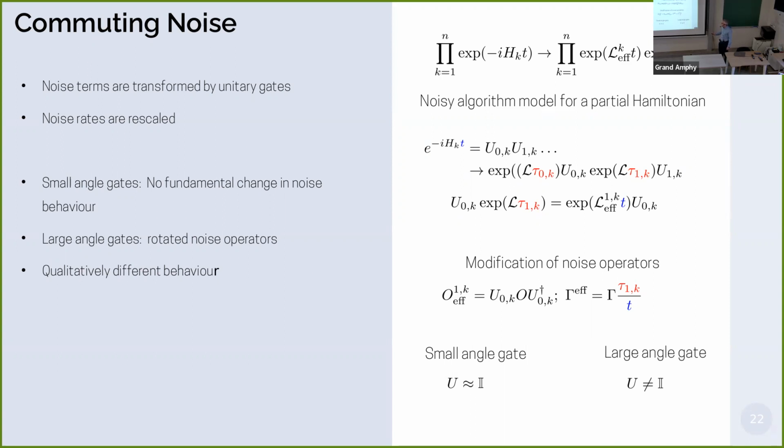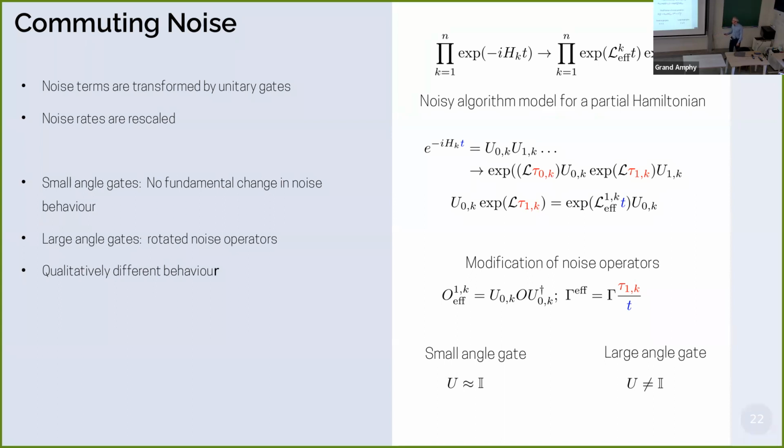That rescales the decoherence rates, which also gives you a way to know how to choose your Trotter step time in an optimal way. So in the end, you take all the noise operators O in this noise term, and since you commute them, you have to transform them with these unitary gate operators that you have computed.